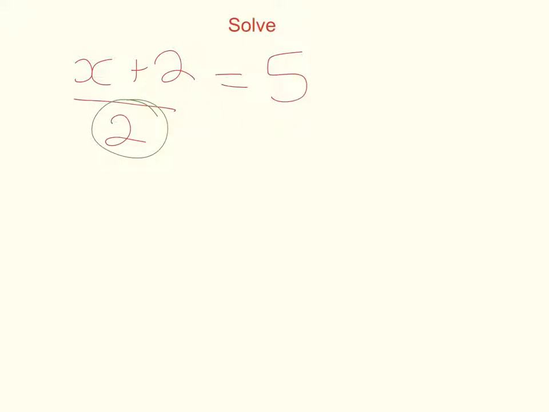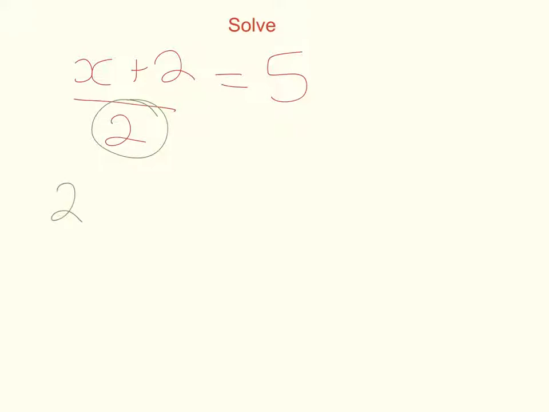In the next set of equations, we're looking to solve for the value of x. So if we have a look at x plus 2 all over 2 is equal to 5. In this instance, I want to get rid of my fraction down here. It's making my situation awkward. So what I do is I multiply everything by 2.